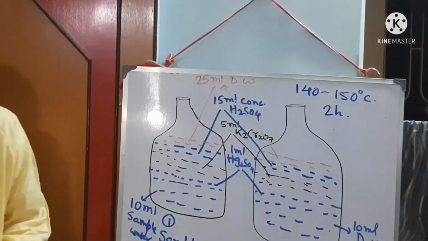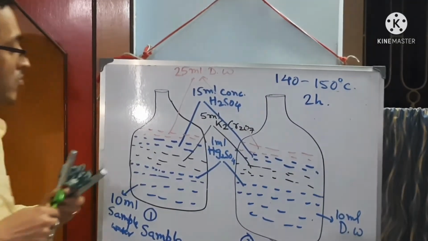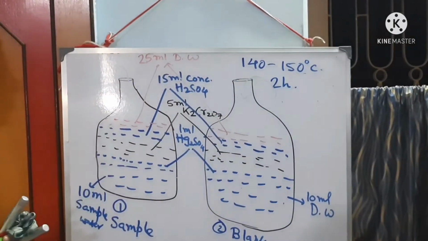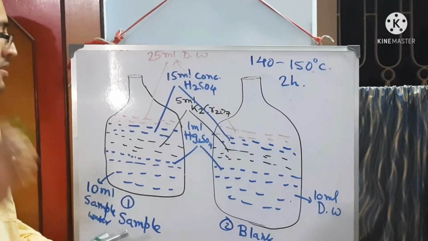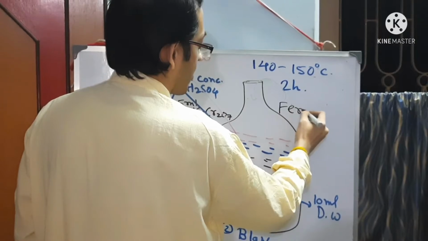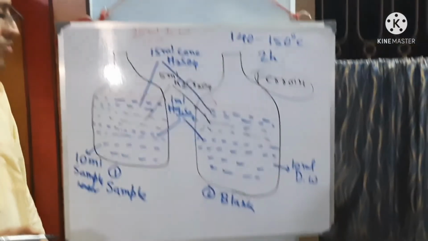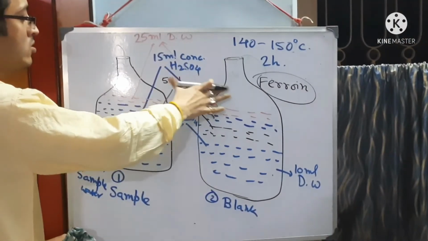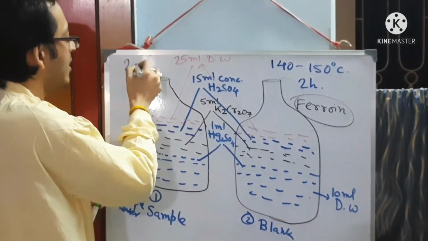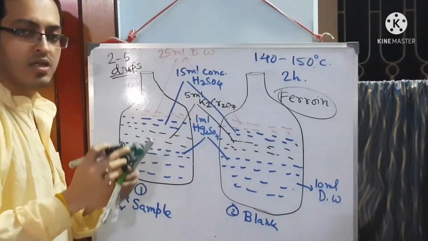Then we have to put the indicator reagent, that is ferroin indicator, in both flasks. 2 to 5 drops of indicator is enough.